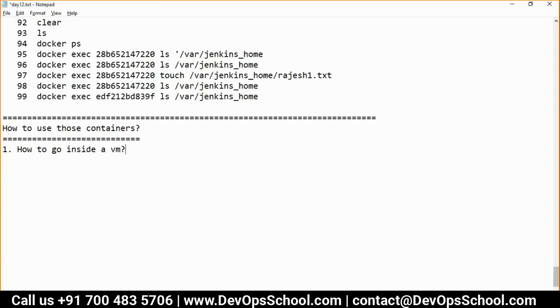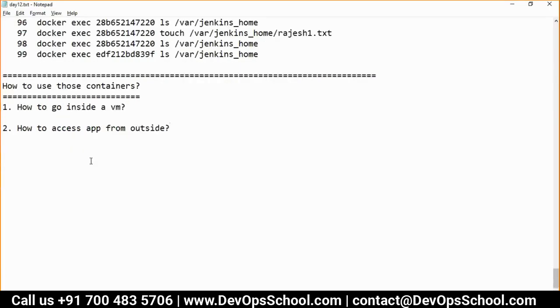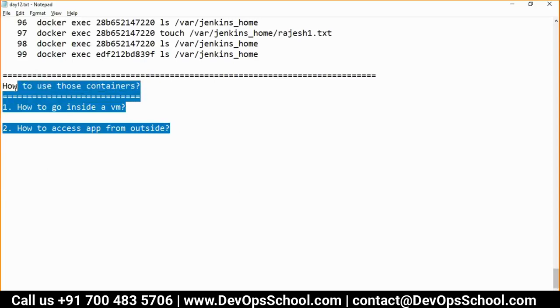The second: how to access applications from outside. These are the two scenarios which I'm going to explain to you now.